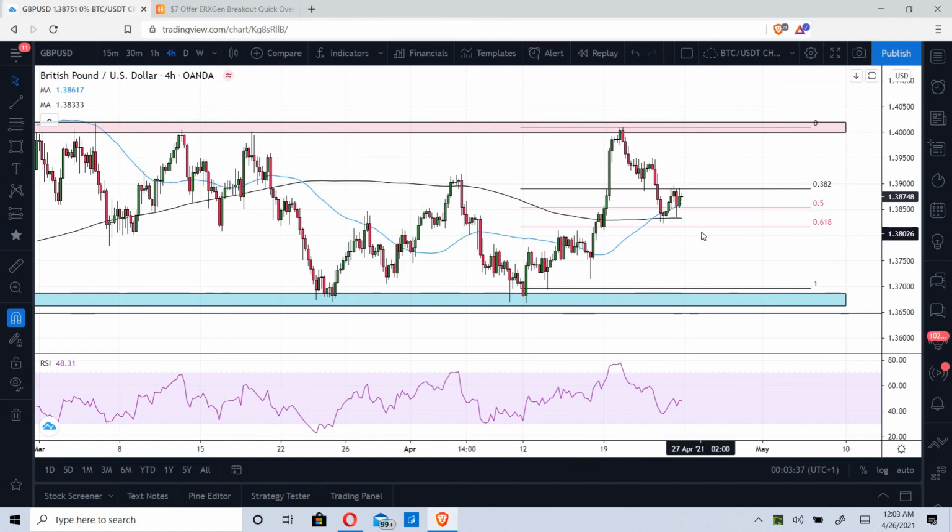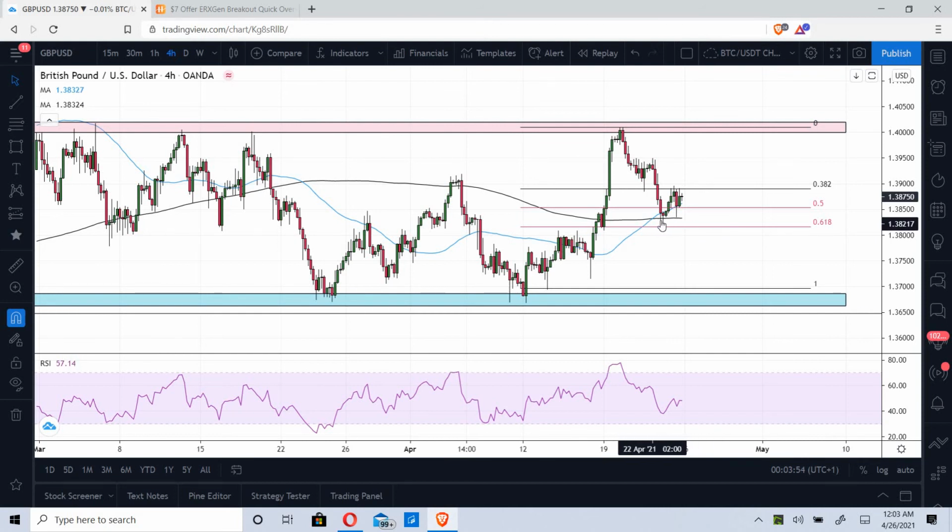Our factors of confluence are: one, price is bouncing off this key level, the 61.8 Fibonacci level.